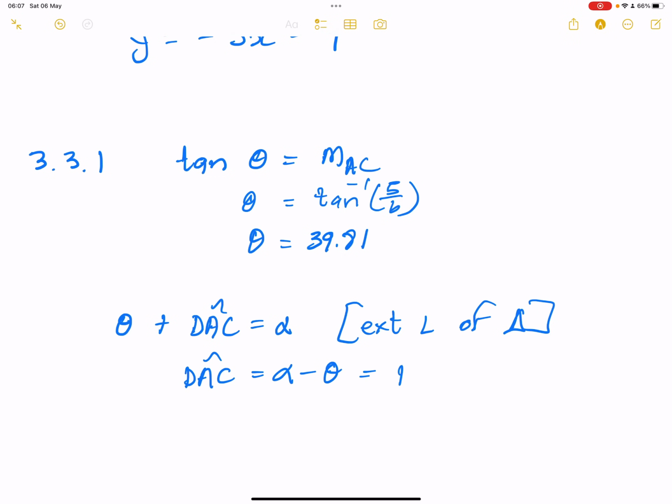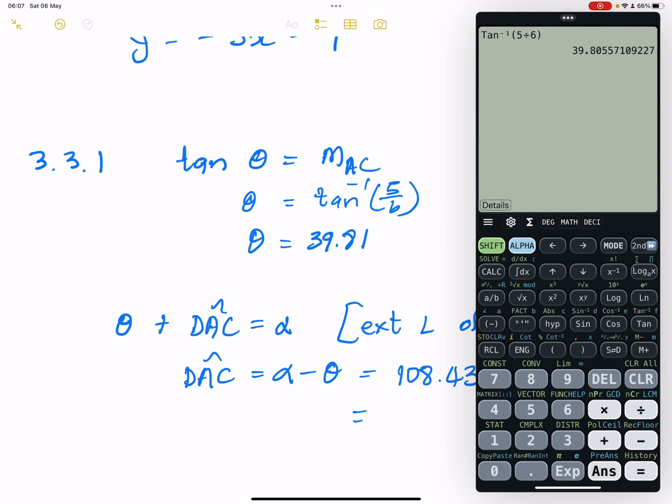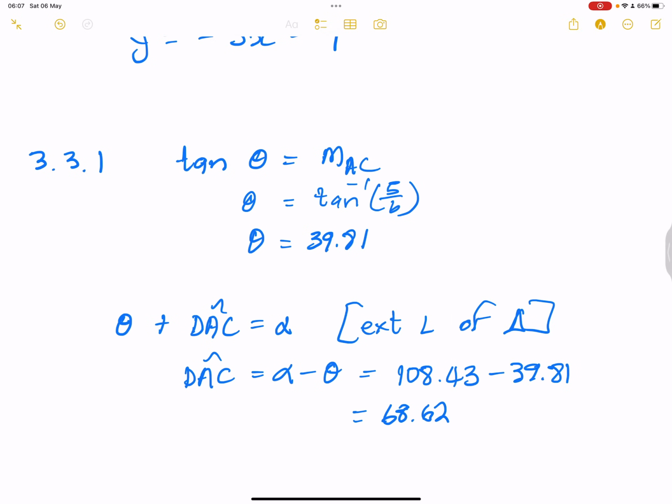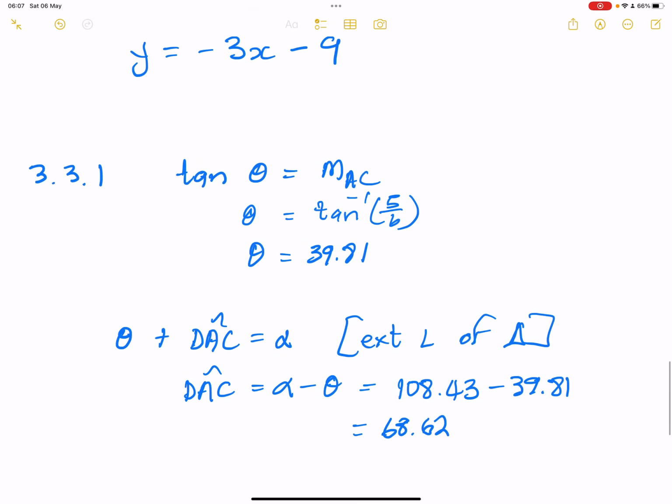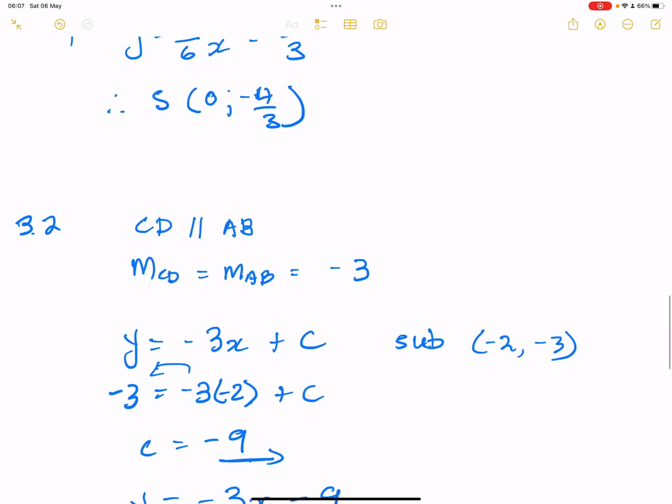That would give us 108.43 minus 39.81, and that should give us 68.62. So that is how big that angle is.